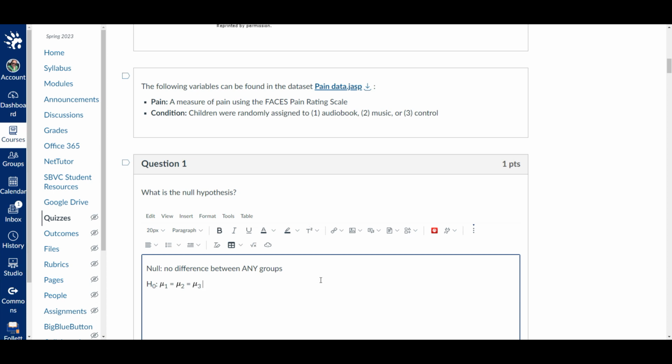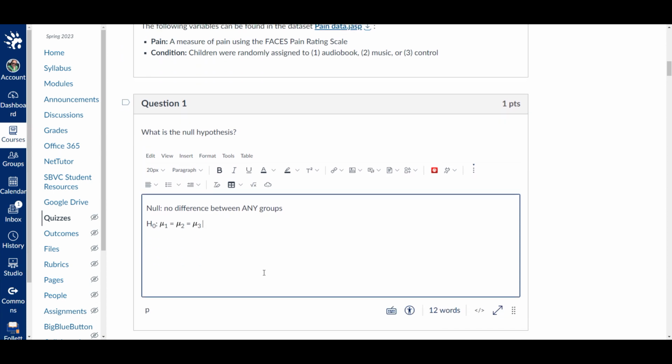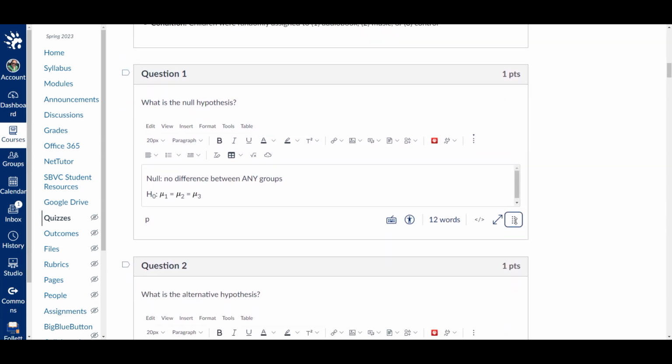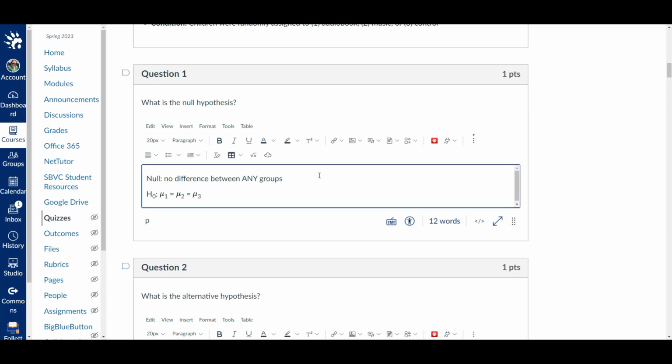That the means of a population of people who listen to audiobooks and of people who listen to music and people who don't listen to anything, that there's no difference in their pain levels after surgery. So that is our null hypothesis. No difference between any groups, or essentially that all the means are the same.